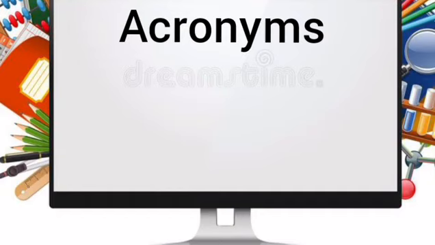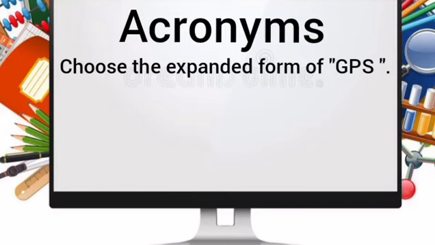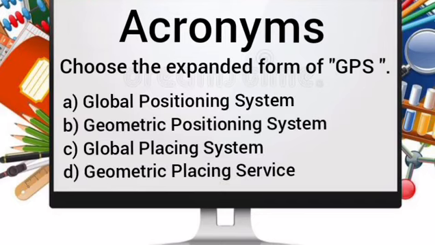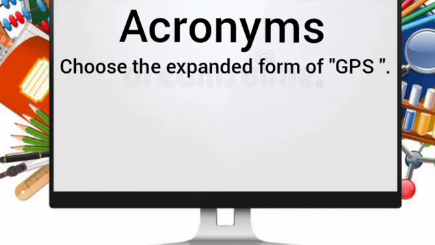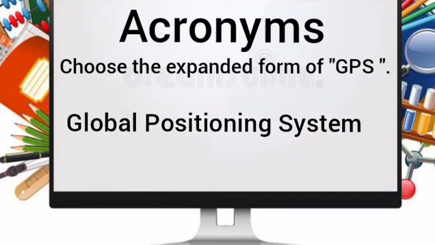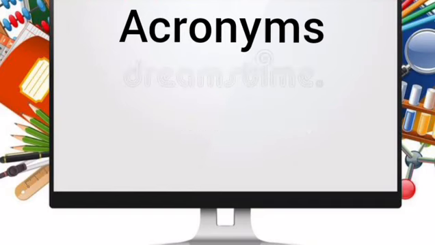Okay. Now let me tell you how the question will be asked in the exam. Choose the expanded form of GPS, and four options will be given. A, Global Positioning System. B, Geometric Positioning System. C, Global Placing System. And D, Geometric Placing Service. So we have to identify the proper answer, and the correct answer is Global Positioning System. Okay, and one more.